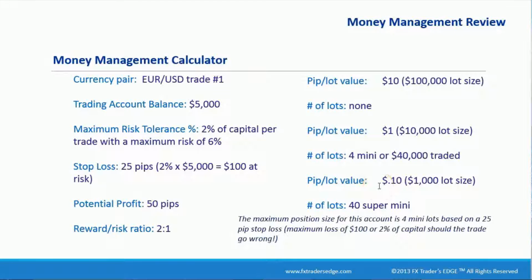Some traders have even smaller accounts, $1,000 accounts, where the lot size is $1,000, 10 cents a pip. This is called a super mini account, and the number of lots that can be traded is 40 super minis. Bottom line is the maximum position size for this account is 4 mini lots based on a 25 pip stop loss, which is a maximum loss of $100 or 2% of capital, should the trade go wrong.